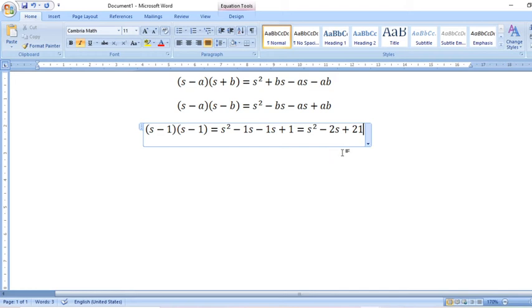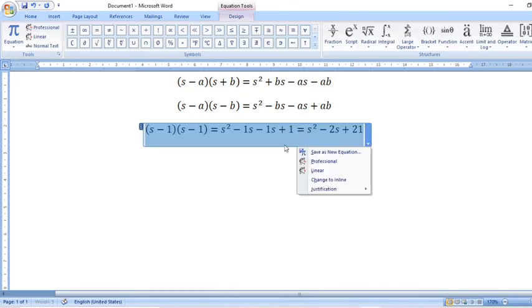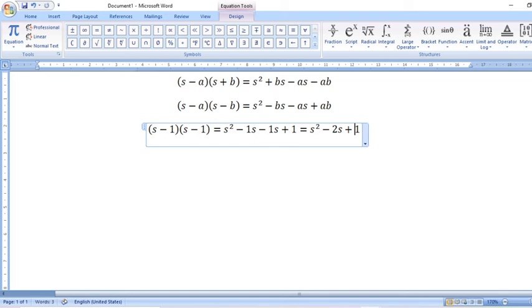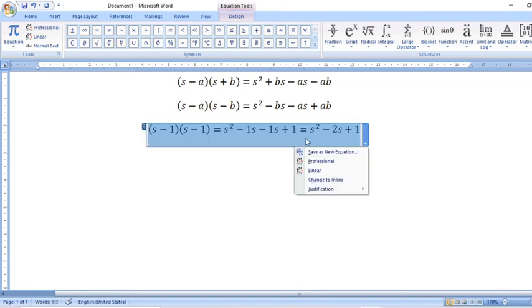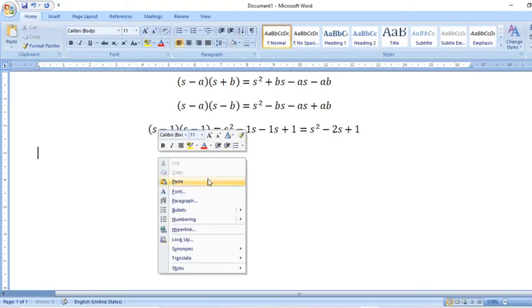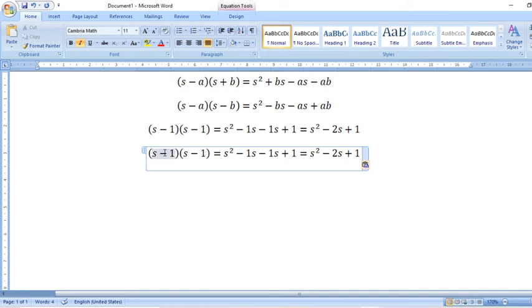This is a formula, s square minus 2s plus. If it is positive, you should know this type of equations, otherwise you cannot solve simply.